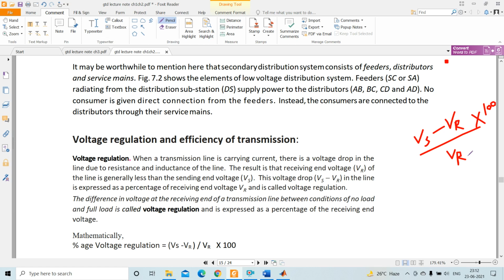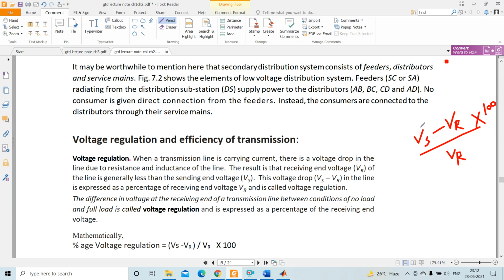In other words, we can describe it as the difference in voltage at the receiving end of a transmission line between conditions of no load and full load, expressed as a percentage of receiving end voltage.